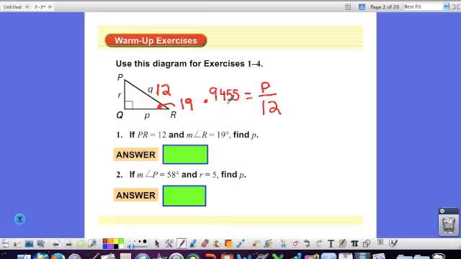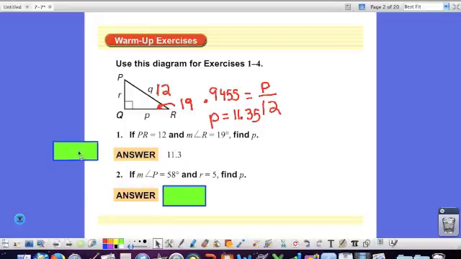I'm going to multiply that by 12, and I get that P is approximately 11.346, which is going to round to 11.35. They rounded to the nearest tenth and got 11.3 because 11.34 would round to 11.3.